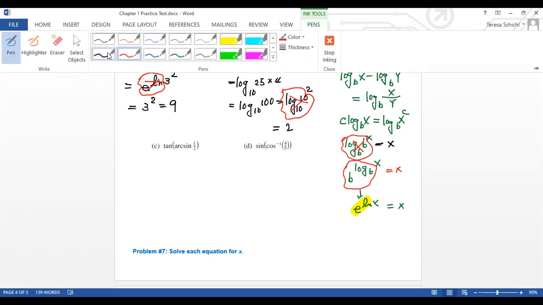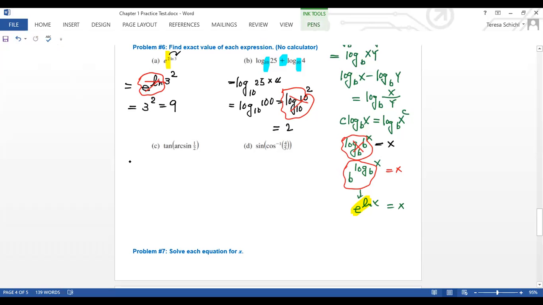Okay, so that's about the log. Now let's take a look at the tangent of arcsine 1/2. That means I need to find the angle whose arcsine is 1/2. Remember for the arcsine, the range is that theta has to be from negative pi over 2 to pi over 2.